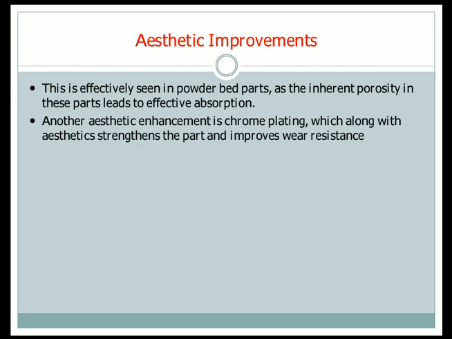Another aesthetic enhancement is chrome plating, which along with the aesthetics strengthens the part and improves wear resistance. So chrome plating gives good surface finish and life, and also gives wear resistance to the 3D model. That is, aesthetic means visual improvements.